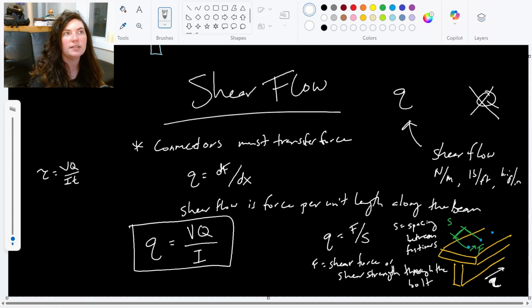So it's one of the ways that we can use these calculations together to design beams, this shear flow concept. Again, very similar in equation to shear stress, but is not a stress. We call it shear flow. It's a force per unit length. And it might make a little more sense in application. So let's go ahead and take a look at an example.